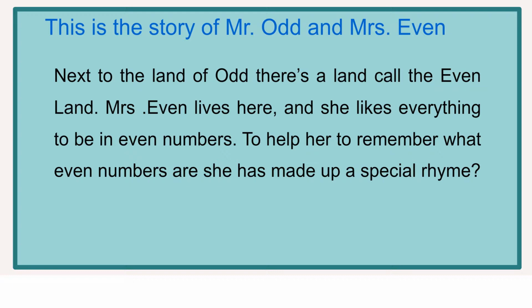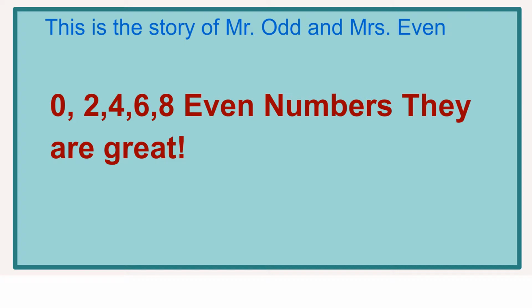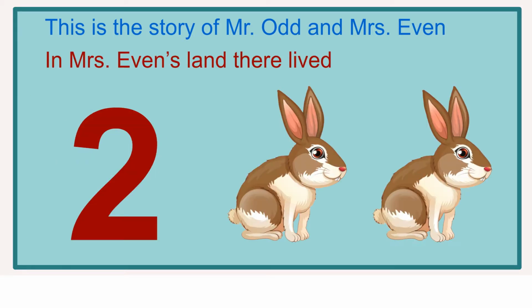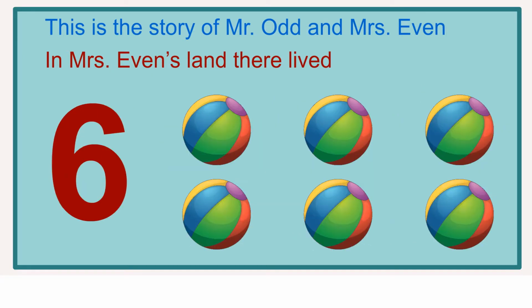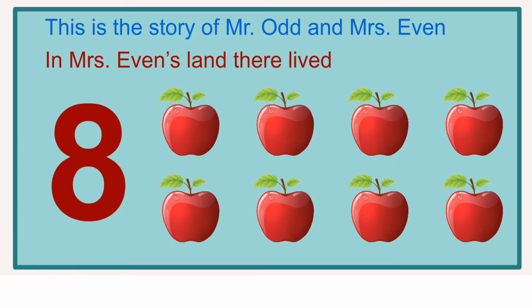To help her remember what even numbers are, she has made up a special rhyme. 0, 2, 4, 6, 8. Even numbers, they are great. In Mrs. Even's land, there lived 2 rabbits, 4 little boys, 6 balls, 8 apples, 10 flowers.